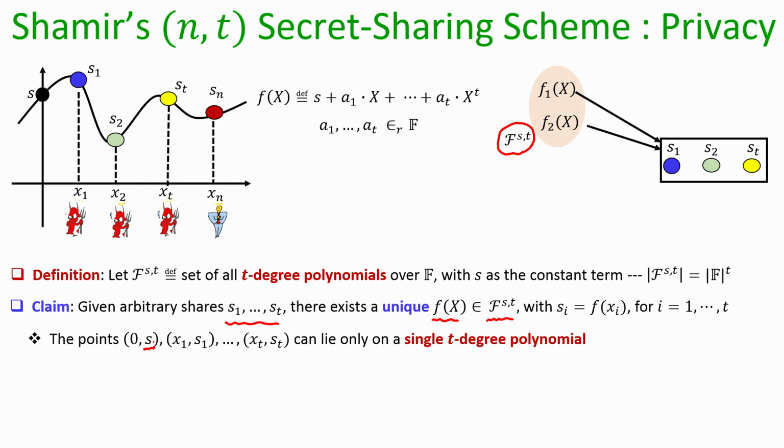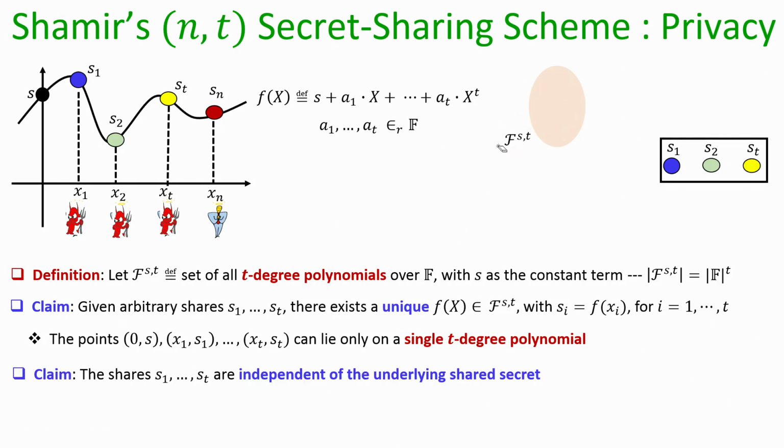That means the point 0 comma s also satisfies both these polynomials along with the remaining t pairs xi comma si, which is simply not possible because we have stated as one of the facts that two distinct t degree polynomials can have at most t common values. So, that means there could be only one single f(x) polynomial from this set F superscript s comma t, which would have given these shares s1 to st.